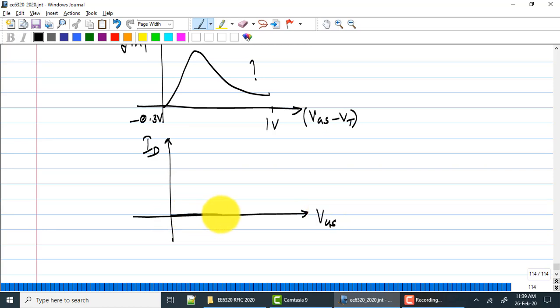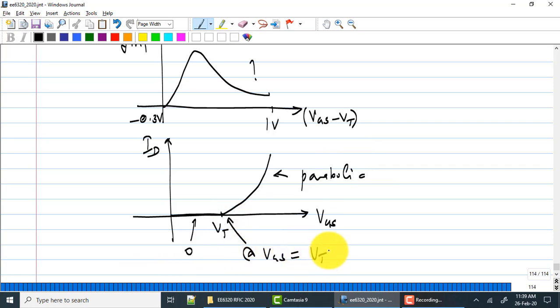Why did we assume that? Because exactly at VGS equals VT, we said that the channel region gets inverted. As soon as it inverts, the channel gets formed and the device goes into saturation region, assuming that the drain source voltage is large enough.